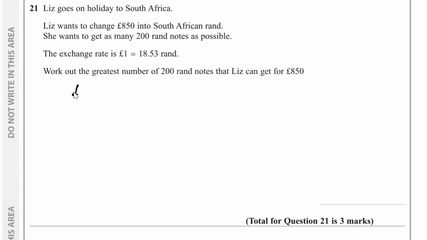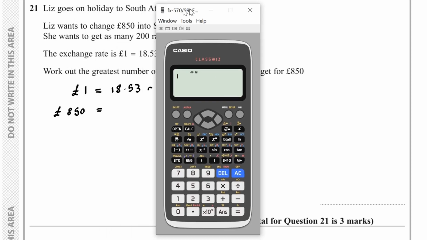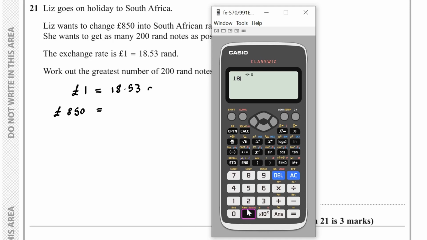So far we begin with this: £1 equals 18.53 rand. And we wish to convert first of all 850 pounds into rand, and if we do that we can multiply 18.53 by 850.